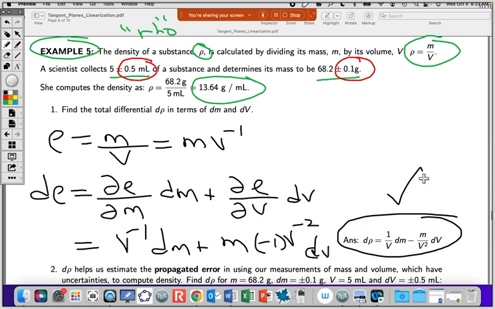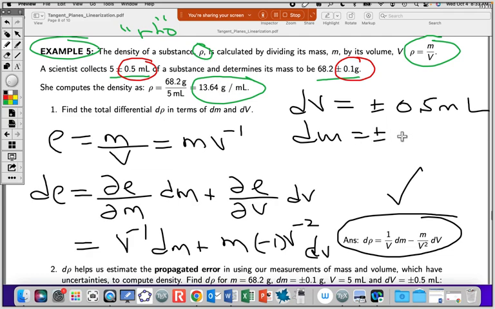All right. So what we can do now is plug in the values for v and m, and we can use the plus or minus here as the values for dm and dv. So we can look at the dv is plus or minus half a milliliter, and we can look at the dm to be plus or minus 1 gram.